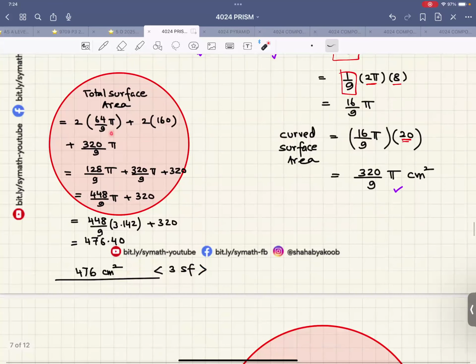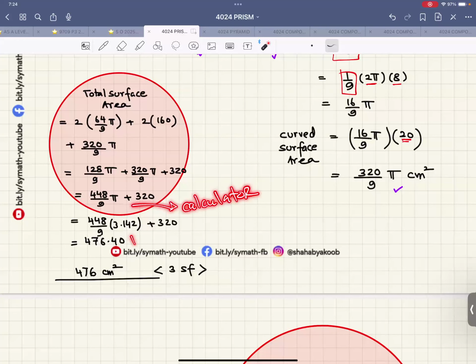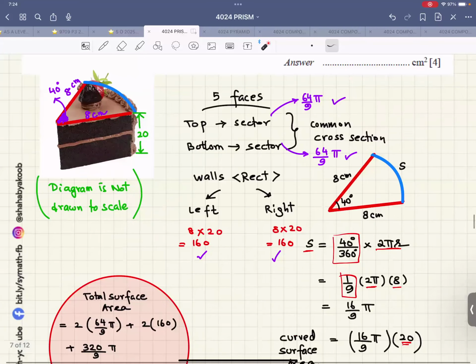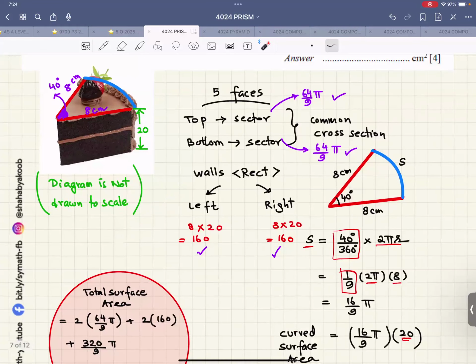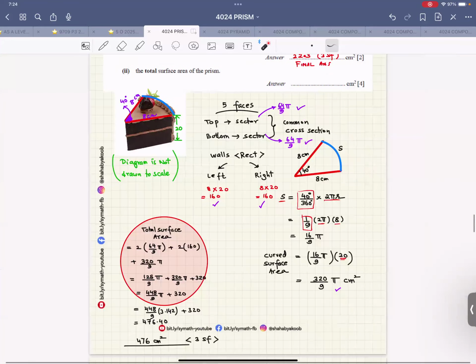So total surface area is 2 times area of sector, 2 times area of rectangle plus curved surface area. This adds up to this much. At this point, use a calculator and you get the answer as this, and correct to 3 significant figures it is this. So now I hope this is all good, all clear.